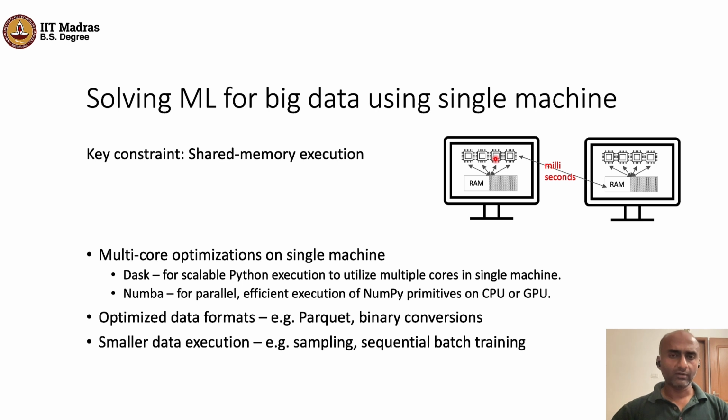The other way to solve for this is to limit the amount of memory, because if the constraint is about information exchange through a shared memory, then the amount of information you can pump through becomes more if you limit the size of the data in memory, and that's possible if you use optimized data formats. For instance, you could take a dataset representing categorical variables, where you want to train a classification model on top of it.